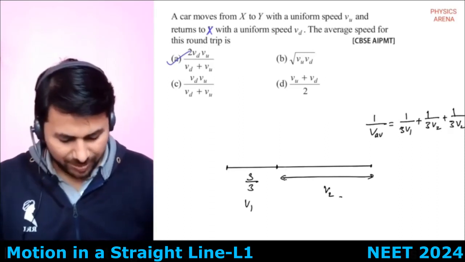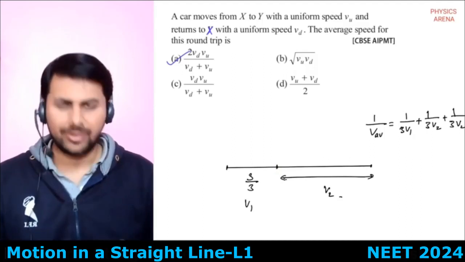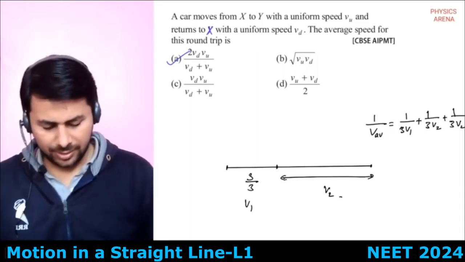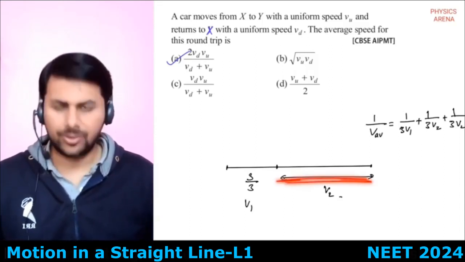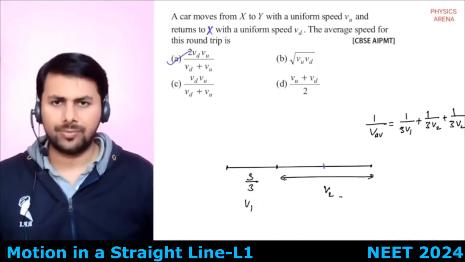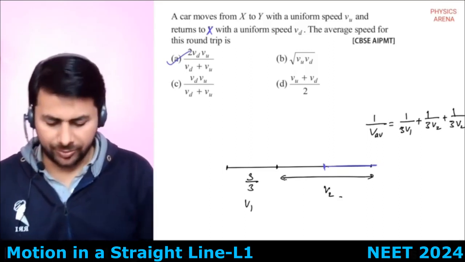For this part and this part, your speed is the same. It's v2 only. If it is moving from here to here with speed v2, it moves from here to here also with the same speed v2.